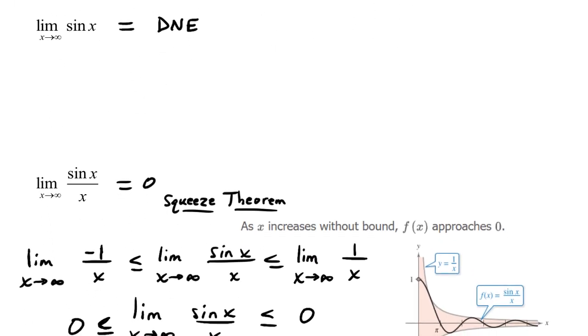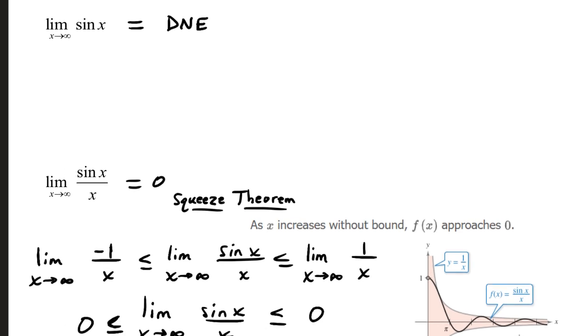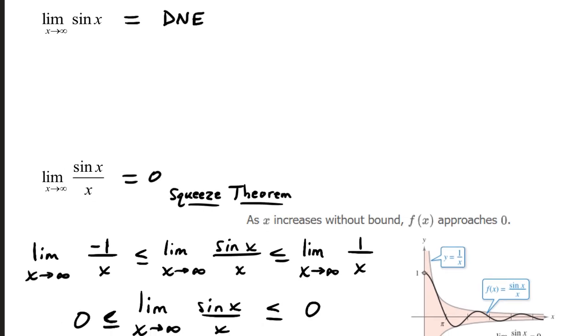Now let's look at a couple different limits involving sine. The first one is just the function sine x. As x gets infinitely large, sine of x, remember how it looks. It's a graph that oscillates up and down over and over and never stops.